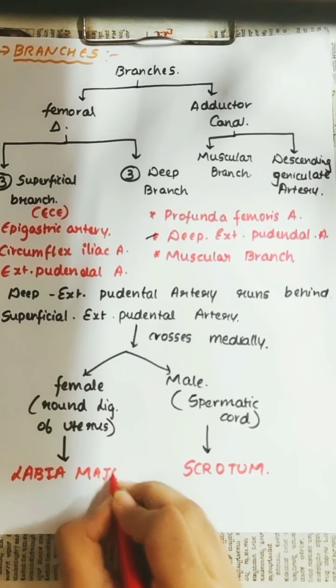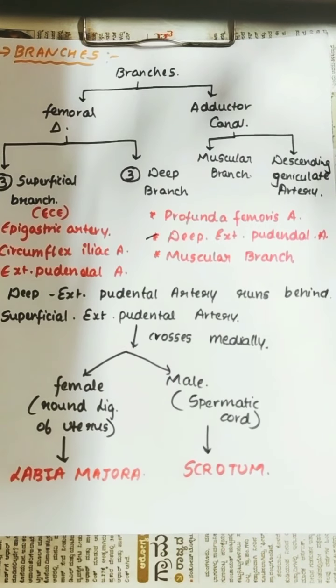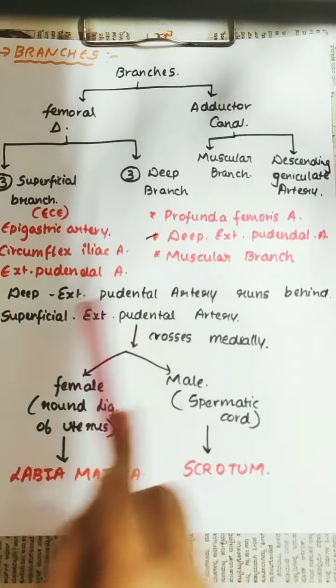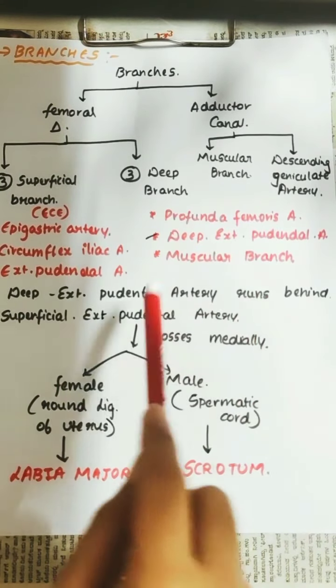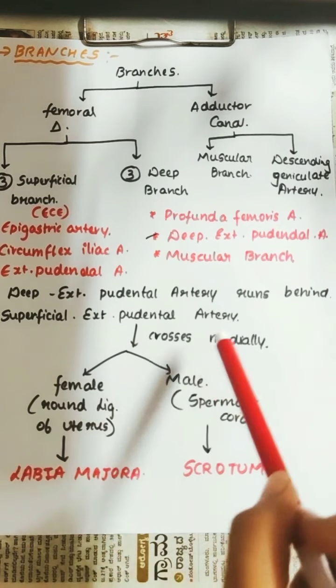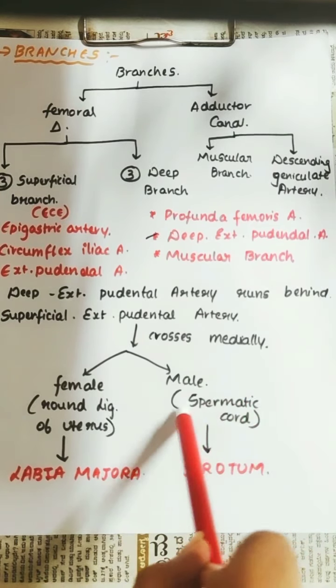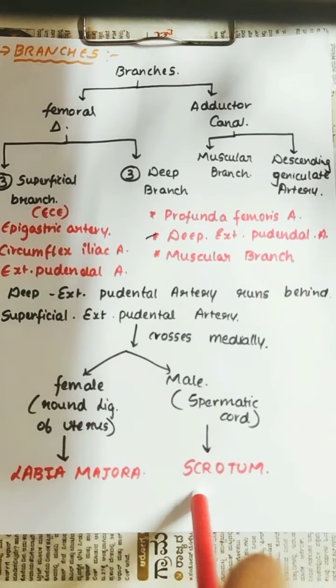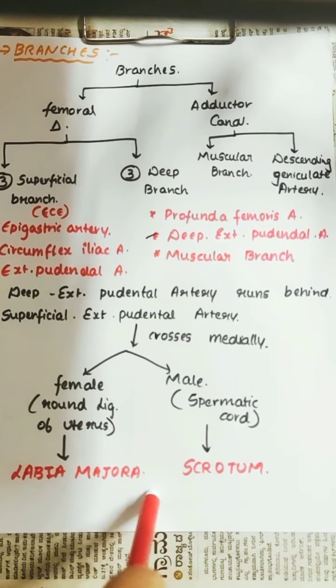In female, near the round ligament of uterus area; in male, it crosses around the spermatic cord area to supply the scrotum and the labia majora.